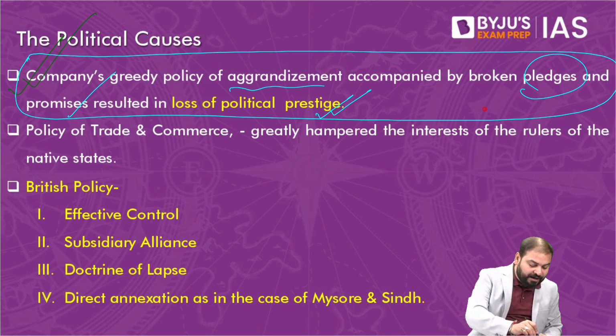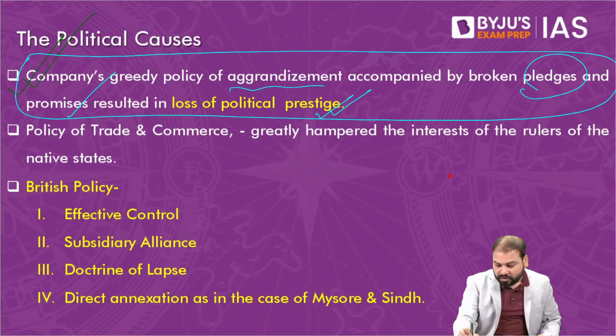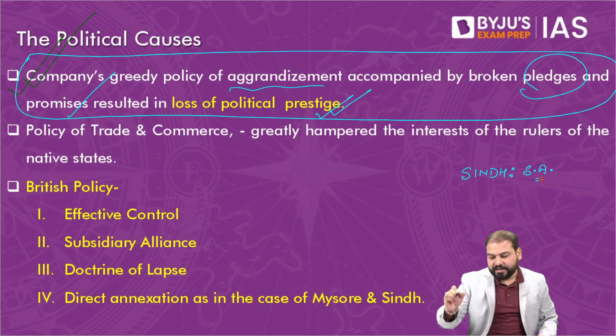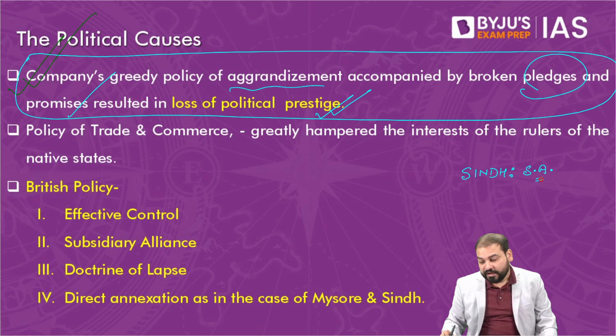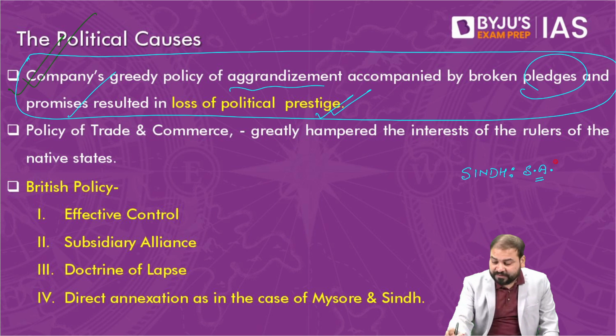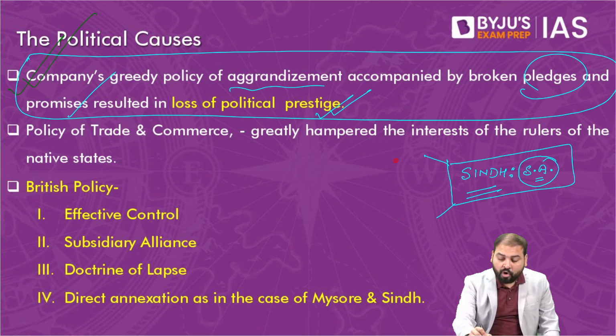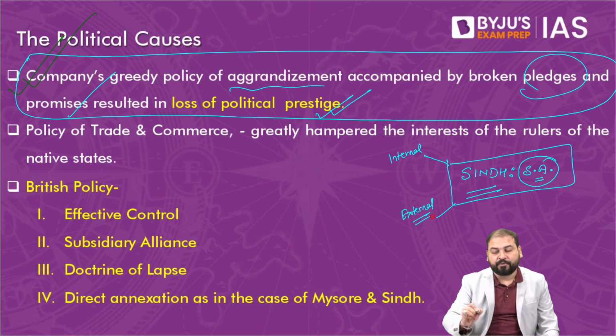And if any one of you did not understand this, I will give you my last example. All of you tell me, Sindh had signed subsidiary alliance. If you all remember, under subsidiary alliance, the British had promised, we will protect you against all the internal danger. We will protect you against all the external problems.